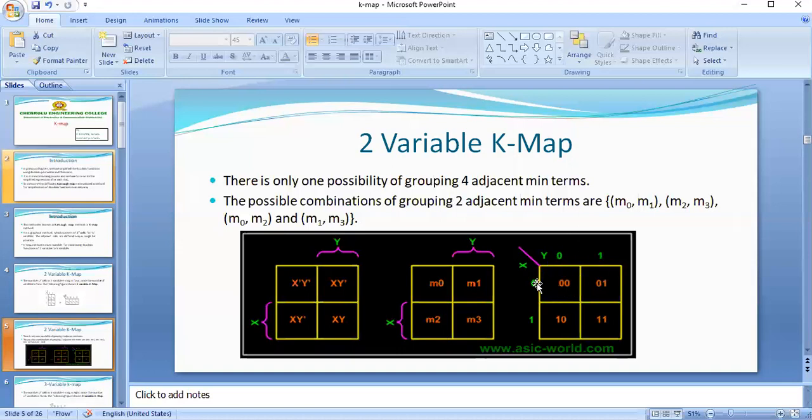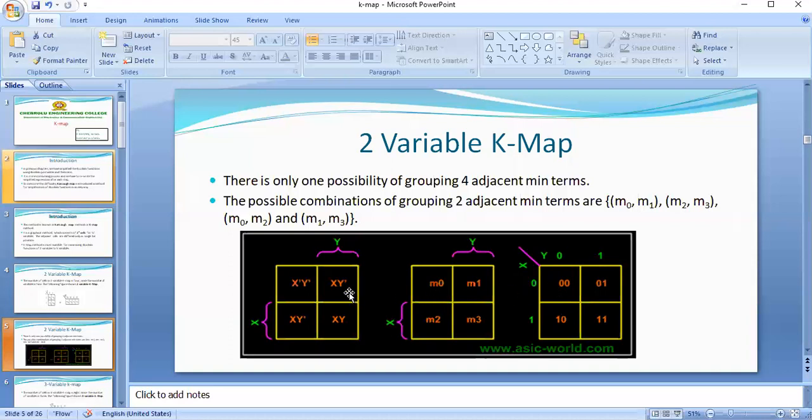What is the first cell? x is 0, y is 0. What is the second cell? x is 0, y is 1. For SOP, sum of products expression, we read 0 as x bar and 1 as x, the uncomplemented variable. So we can write x bar, x, y bar, y, so that here we write x bar y bar.